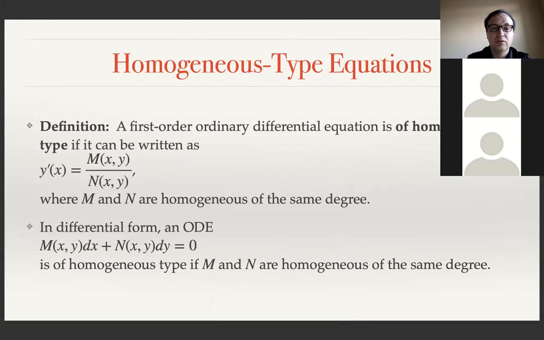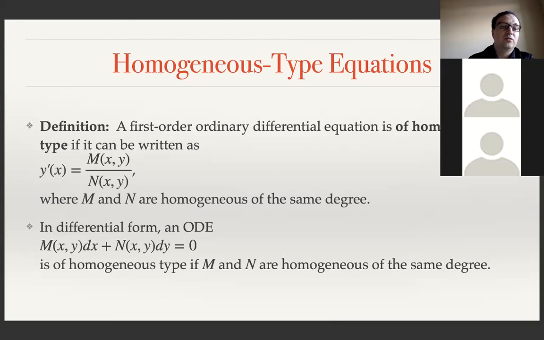And now you can also notice, though I haven't written it, that the quotient of two homogeneous functions of the same degree is a homogeneous function of degree 0. So actually this is if and only if: a homogeneous function of degree 0 is also the quotient of two homogeneous functions of the same degree.